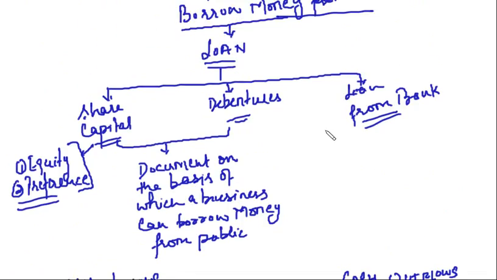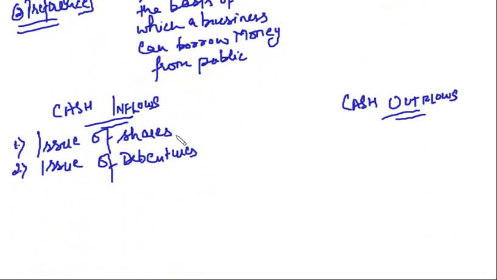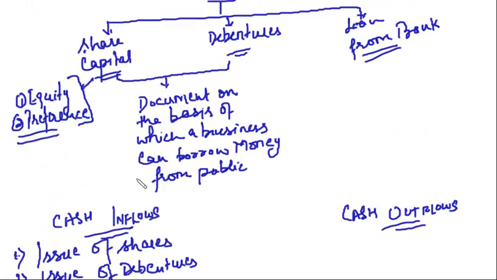If you are applying for a loan from bank, you take the loan, the money is coming into your pocket, isn't it? So, loan taken is a cash inflow. Anything else in cash inflow? No. Now let's see about the cash outflows.